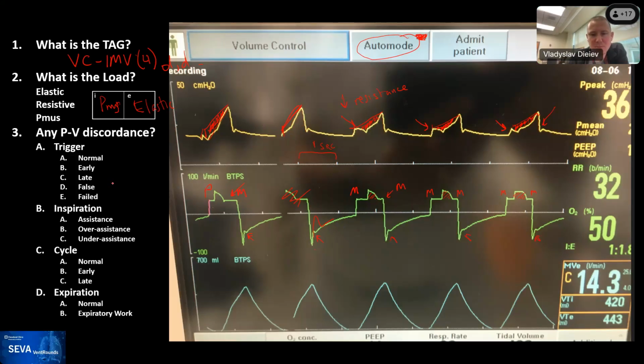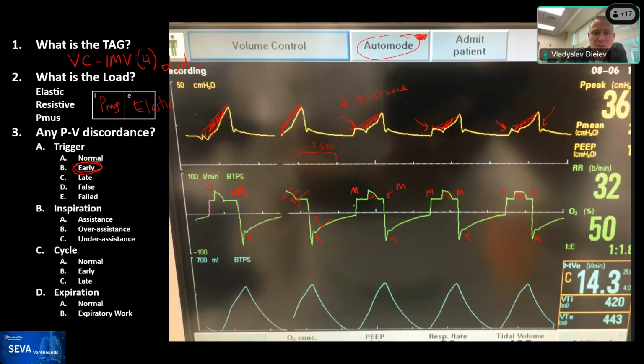Helpful to remember where the patient effort starts relative to the ventilator. Again, I think early trigger. I would agree that the early trigger is a correct answer here.